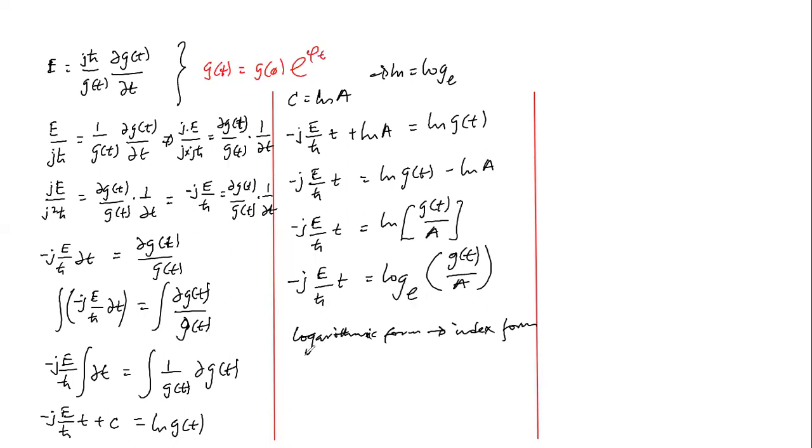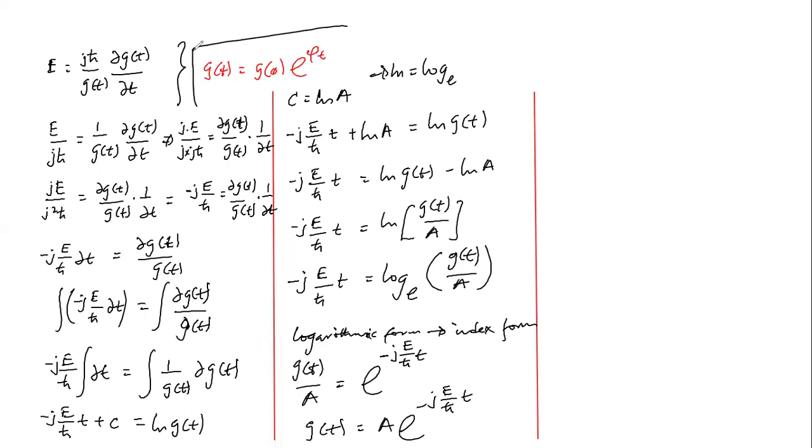So we are going to have that g(t) over A will be the same as e to the power of -jE over ħ t. Okay? And then g(t) will now give us A e^(-jEt/ħ), which is the same as the general solution for the first order differential equation.